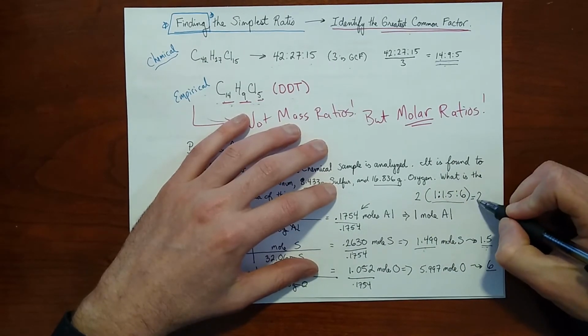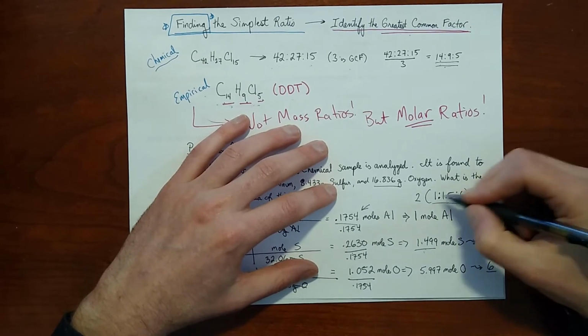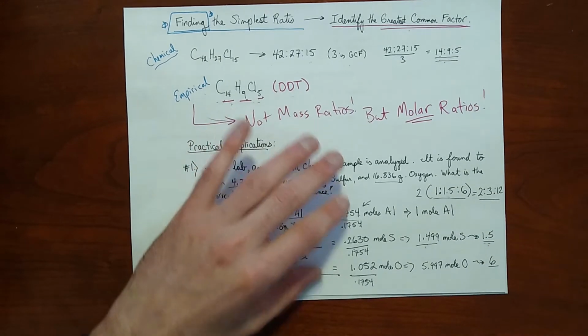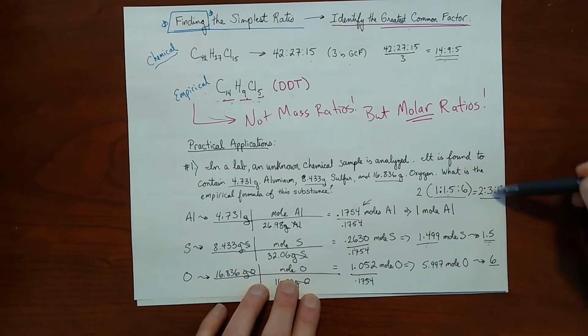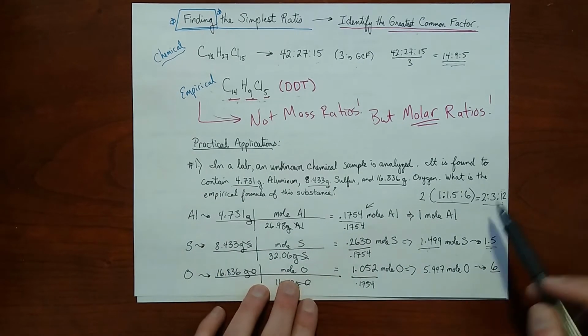So 2 times 1 is 2. So this is the same ratio as 2 to 3 to 12. And that's actually going to give me my empirical formula. This is the simplest whole number ratio. There are not any common factors between these. I can't make this any simpler or reduce it in any way. This is the simplest whole number ratio of these chemicals in this particular compound.